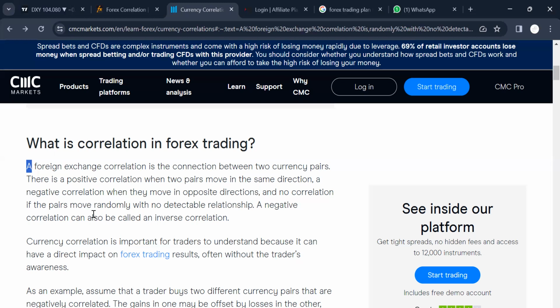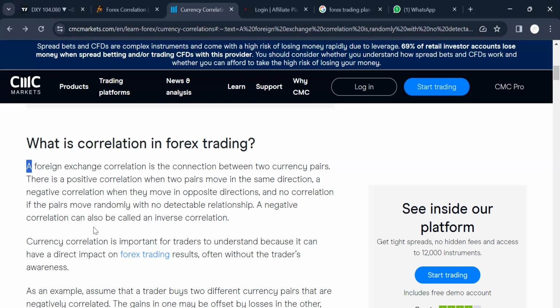Listen to me again: EURUSD and AUDCAD have no correlation, or the correlation between them is random. It means there are times that they could move together and other times that they could move differently. So that is the idea.